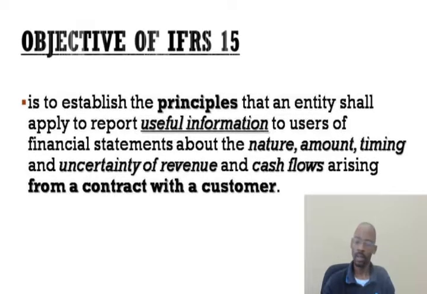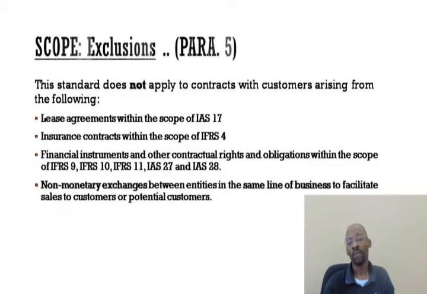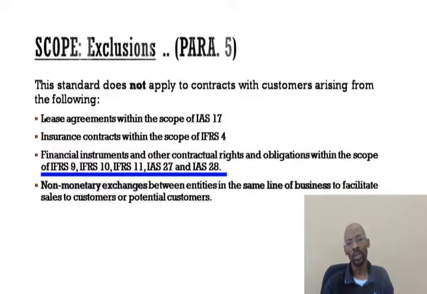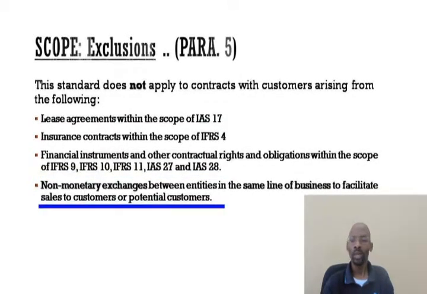And then, the next part is about the exclusion on IFRS 15. This standard does not apply to contracts with customers arising from the following: lease agreements, insurance contracts, financial instruments, and last but not least, non-monetary exchanges between the same line of business.